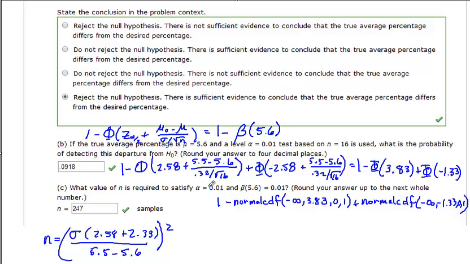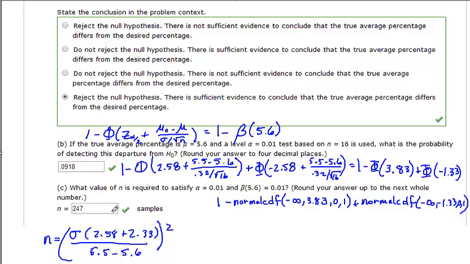What I did was I did the plus and minus version of this 2.58 with this mu naught minus mu over my standard deviation. I found what that was. That's using a standard normal, so I did 1 minus the standard normal of this value that the numbers crunched out to be, and calculated and got this 0.09.